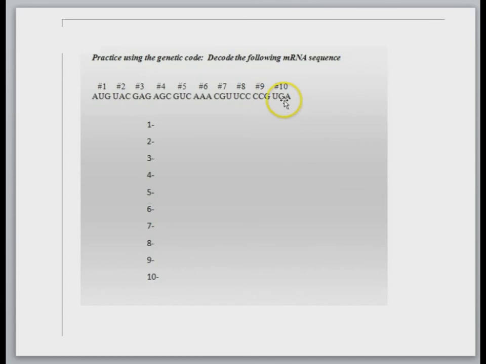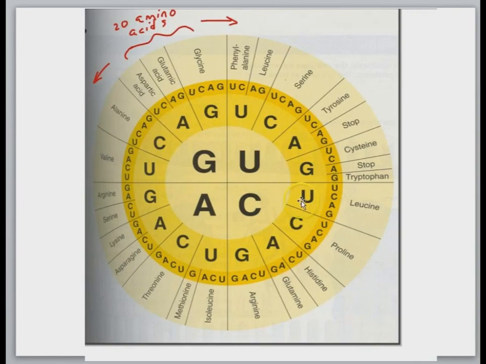Let's take a look at this last one, UGA. Notice that's something different. That says stop. Now that's not an amino acid. It's actually sort of punctuation. It means that the message is finished.